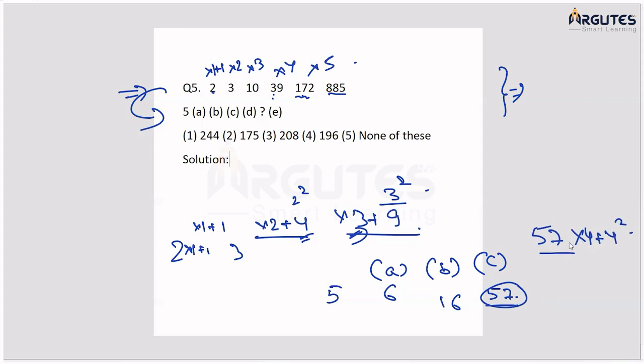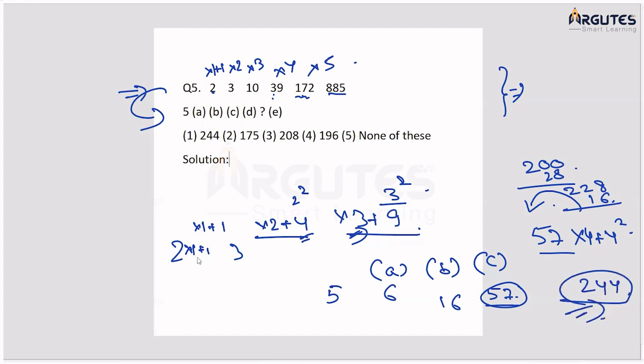How do you calculate 57 into 4? 50 into 4 is 200 and 7 into 4 is 28. So it comes to 228 plus 16, that is 244. So 244 is our answer.